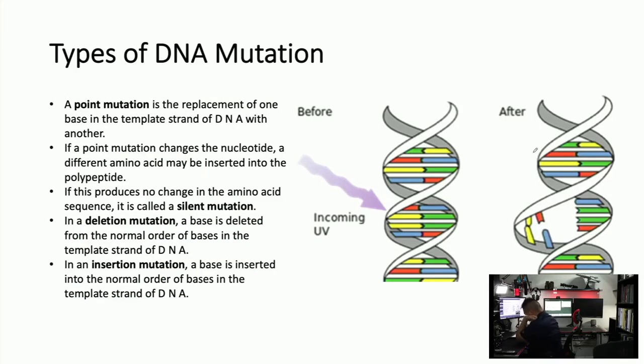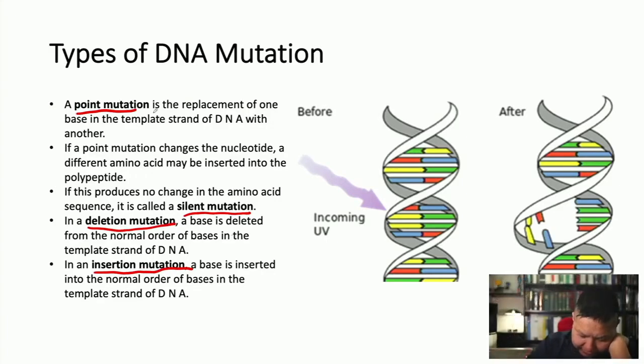So there's a few types of DNA mutation. We have the point mutation, the silent mutation, the deletion mutation, and the insertion mutation, right? A point mutation is a replacement of one base in the template of the DNA strand with another.